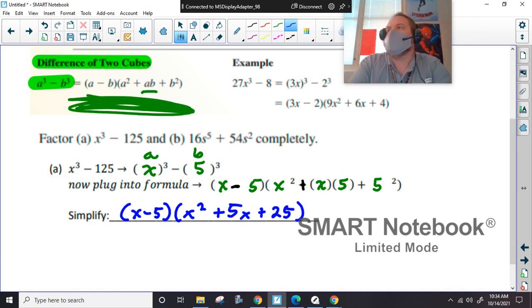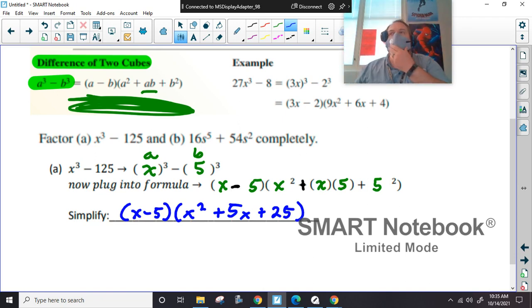And we're done. I accidentally had a typo. It's supposed to be a minus right here and a plus right here.